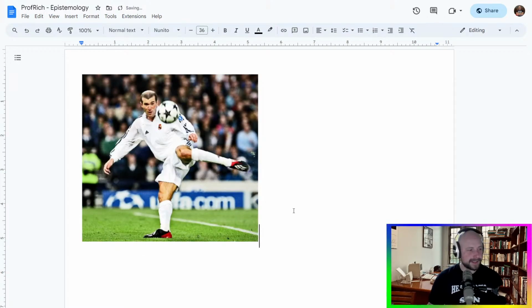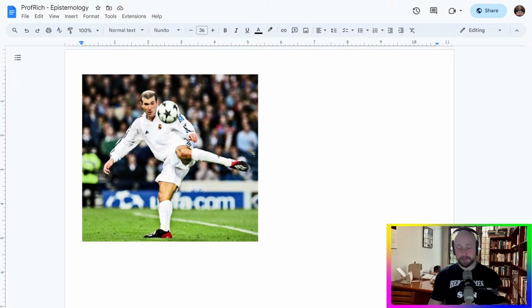So this is Zinedine Zidane playing football, right? Now, we might say Zidane plays football, or he did play football very, very well. And it would be great for everyone to play football just like Zidane. But actually, that's impossible. Nobody plays football like Zidane, okay?